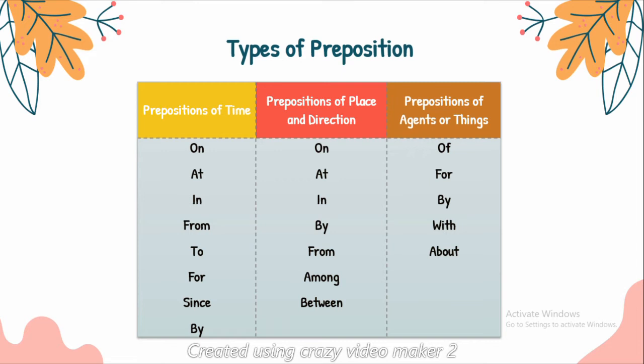Don't be confused, because these words can have different meanings in prepositions, but what we explain is based on the material, meaning the example of an assignment given by our lecturer in the PDF file. So don't be confused, just listen carefully.